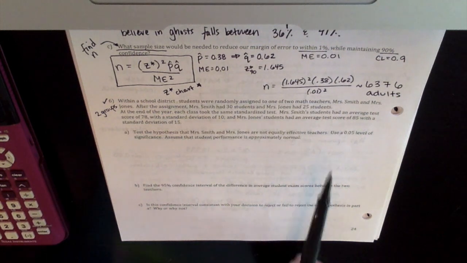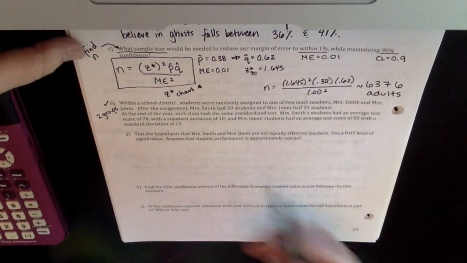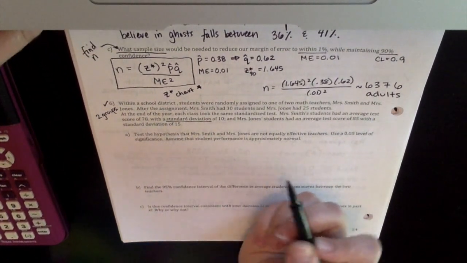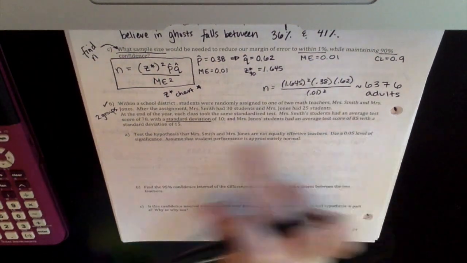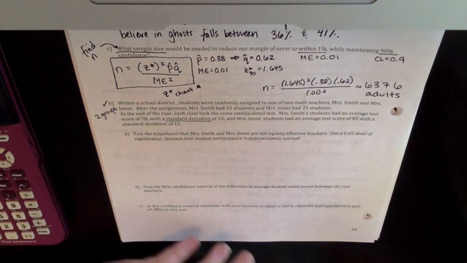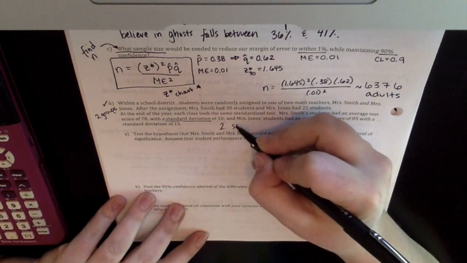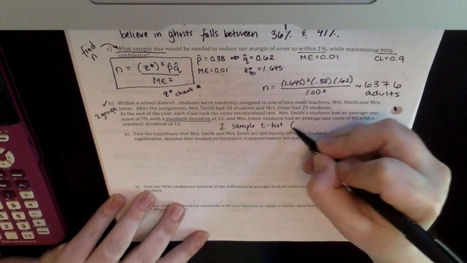Mrs. Smith's students had an average test score of 78 and a standard deviation of 10. We should just stop here. They mentioned the keyword standard deviation. So not only is it 2 groups, but they mentioned 2 different standard deviations and 2 different averages, which means that this is a 2-sample t-test on stats.